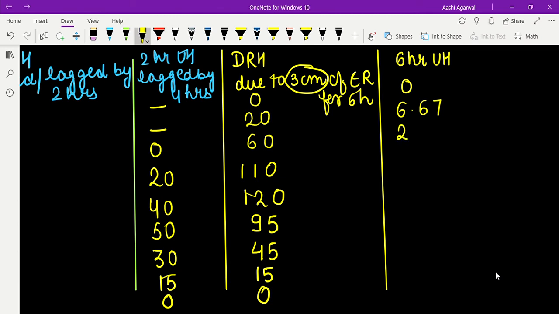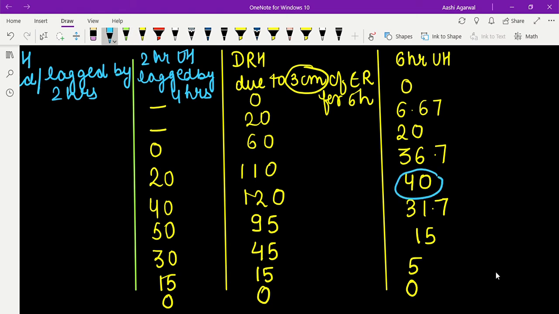60 by 3, that means 20. 110 by 3, approximately 36.7. 120 by 3, that means 40. 95 by 3, 31.7. Then 15, 5, 0. At times the question asks you for the peak value also.